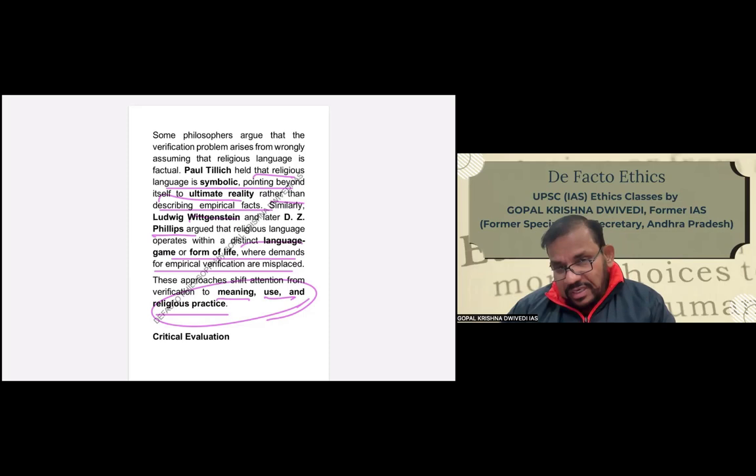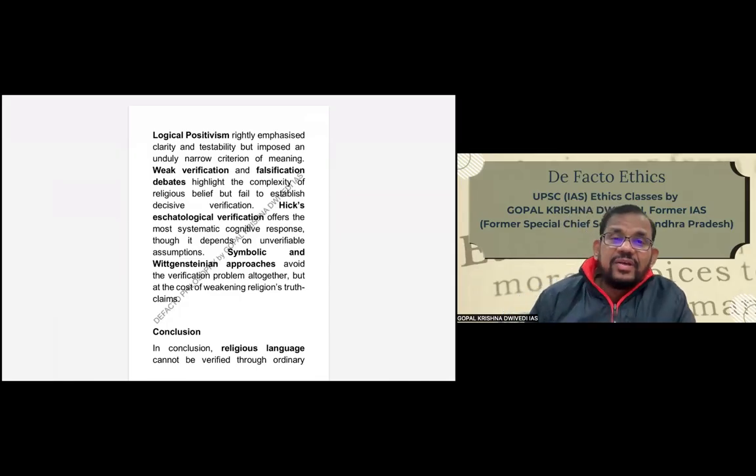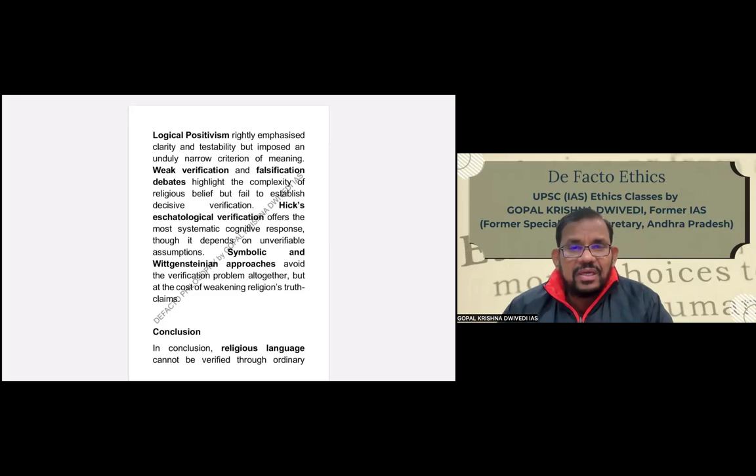Now, as I told, introduction and main exposition we have completed. Now, critical evaluation and conclusion. Logical positivism is correct to the extent that clarity and testability are not there in religious language, but their criterion was very narrow, which they tried to rectify subsequently in weak verification and falsification debates.